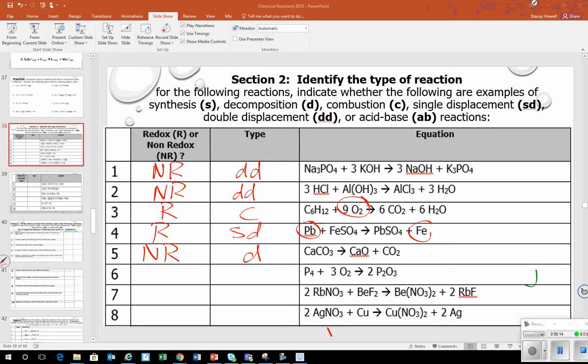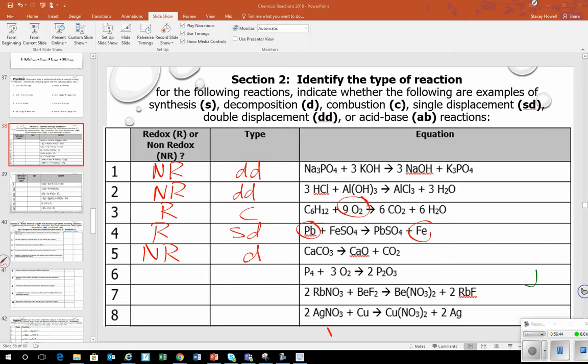Phosphorus plus oxygen leading to diphosphorus trioxide. That's a reaction, yeah. What kind? Is it single replacing anybody? No. No, combustion has to yield me water and carbon dioxide or some oxide. Nope, there's no acid or base.